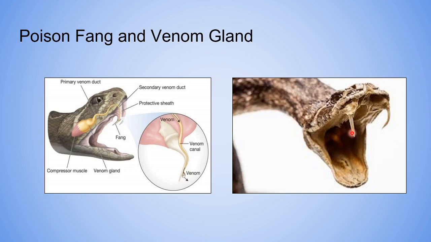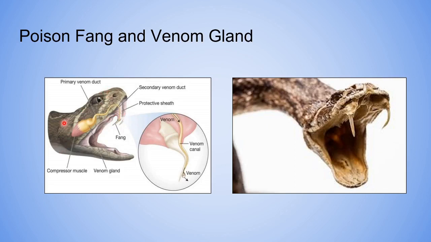So this is a poison fang of a viper. Whenever they get agitated and are going to bite a prey, the venom gland compresses. There are compressor muscles here. It compresses, and the venom moves through the duct and the poison fang. It is ejected into the prey, or it is used as a defensive mechanism.